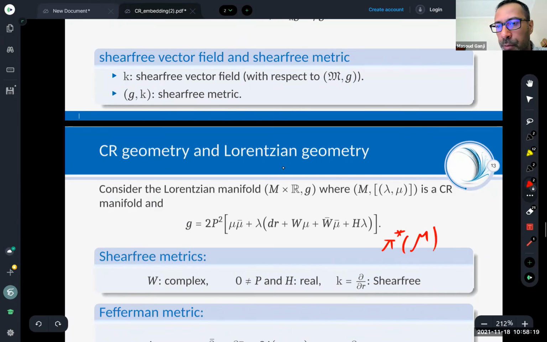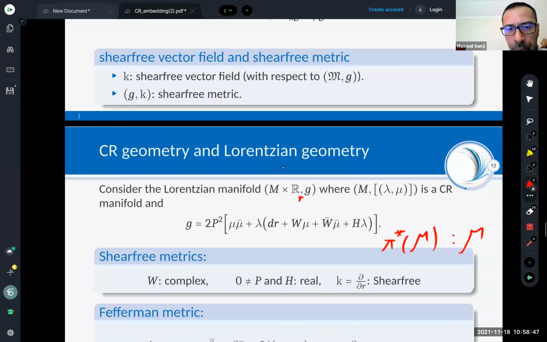We just denote it by mu. If you look at the projection from M times R to M, the forms mu and lambda are defined on the three-dimensional manifold. We lift them up to the four-dimensional case in that direction, direction R, and we introduce this metric.